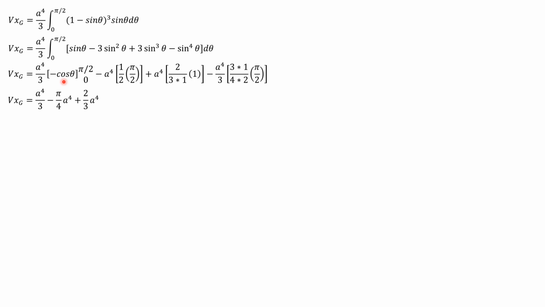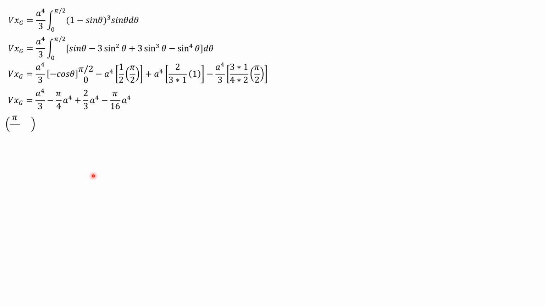Remember, this is positive, negative cosine of pi over 2, so negative 0 minus negative 1, so negative of negative 1 is positive 1. So a to the fourth over 3 is the first term. This is negative pi over 4 a to the fourth. This is 2/3 a to the fourth. And this is negative pi over 16 a to the fourth.